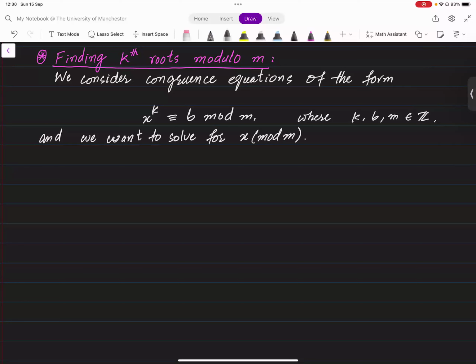We can regard any such solution x as a kth root of b modulo m.